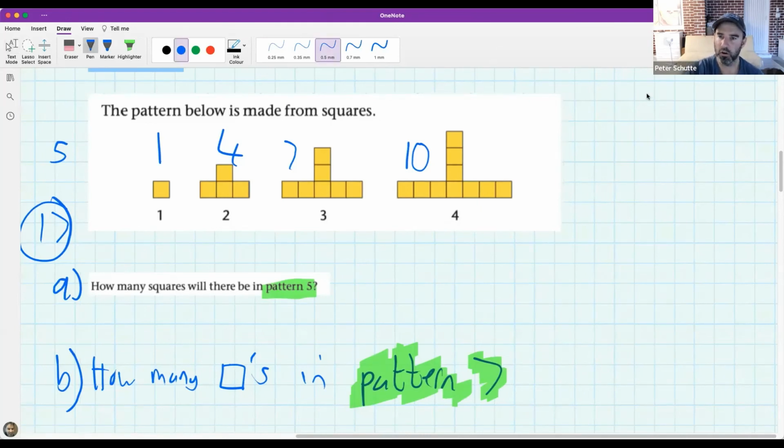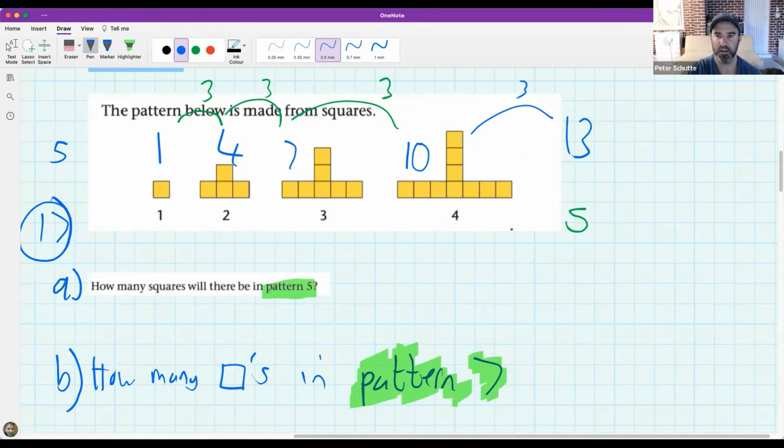All right, so for pattern 5, it looks to me like we're going up in 3s. And so pattern 5 should just be 13. I should just go up by 3 more. So the answer to this one will be 13 blocks.